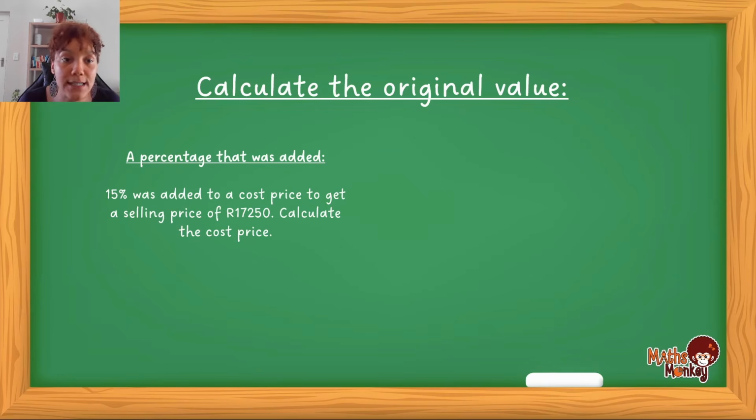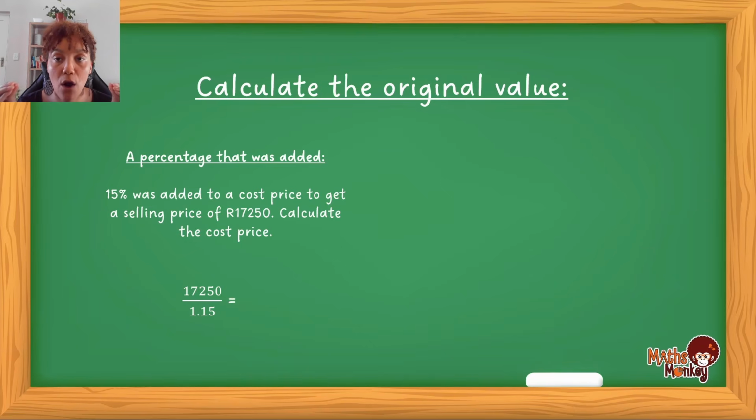So you can't say 15% of 17,250 and then subtract that to get the original value. The way you're going to do this is as follows. You are going to take the value and divide it by 1 point whatever the percentage was. Now, why 1.15?